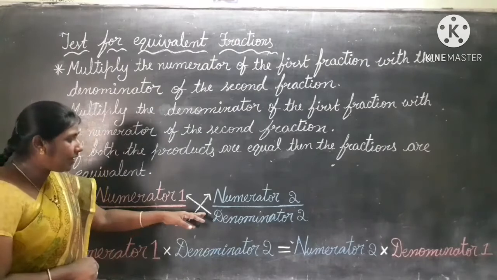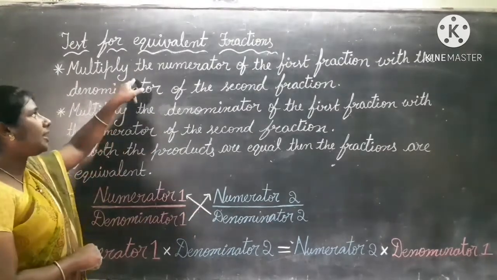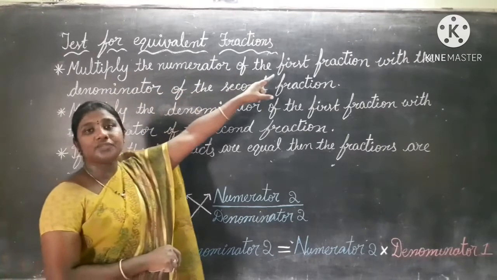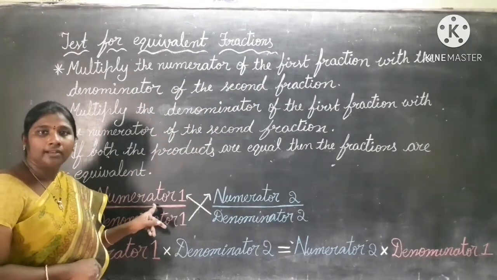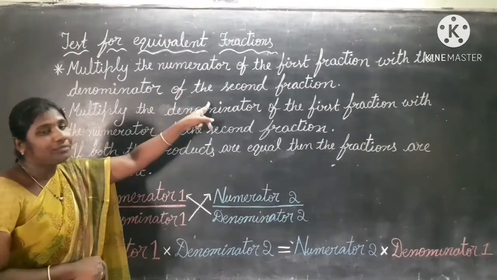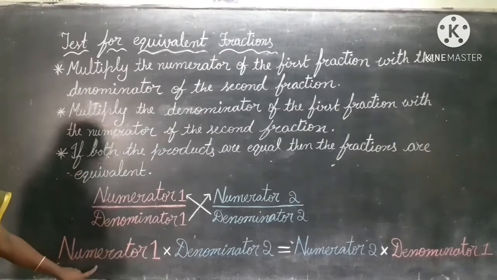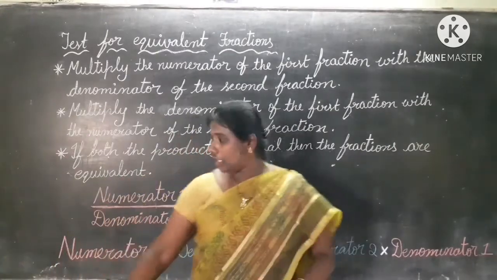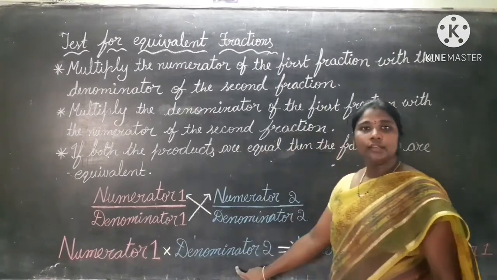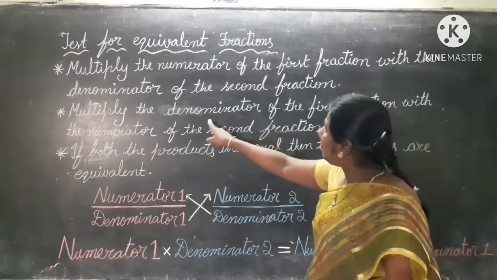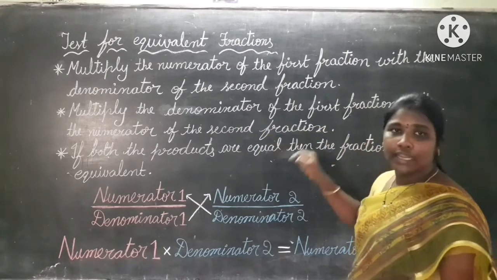Okay. See, when we have to do the cross multiplication, what is the meaning here? Multiply the numerator of the first fraction, so numerator 1, with the denominator of the second fraction, so denominator 2. Numerator 1 into denominator 2. Next, multiply the denominator of the first fraction with the numerator of the second fraction.